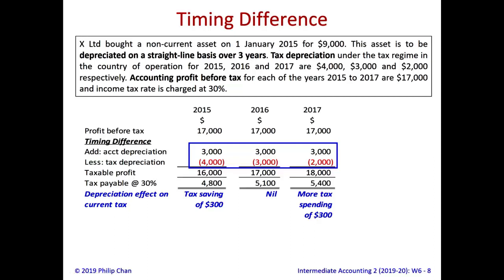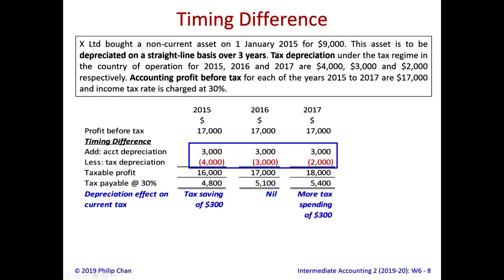Now, what does it imply then? Well, think about that. If profit before tax is 17,000, and if we just simply multiply this number by 30%, technically speaking, the tax expense should be 5,100. But now we have 4,800 payable to the Inland Revenue. So it seems like we are saving $300 in the year 2015.